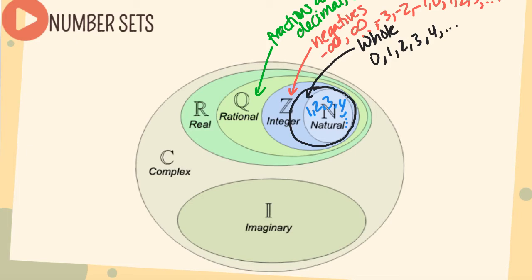And then finally we get to our real numbers, and real numbers have fractions and decimals, and those actually even include decimals that can't be written as fractions. So they include irrational numbers.